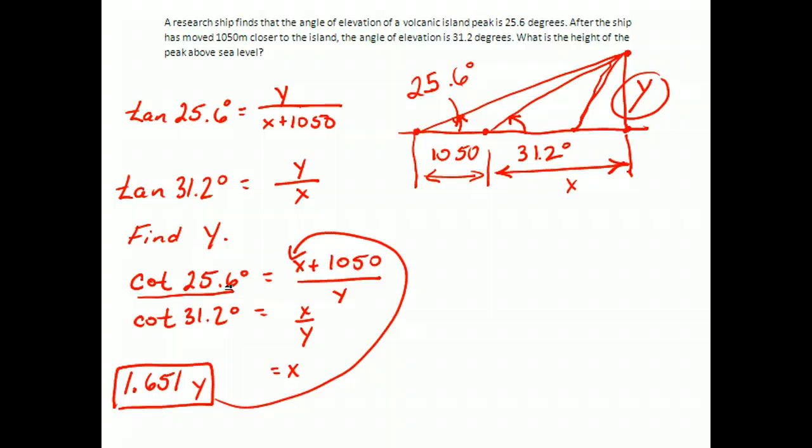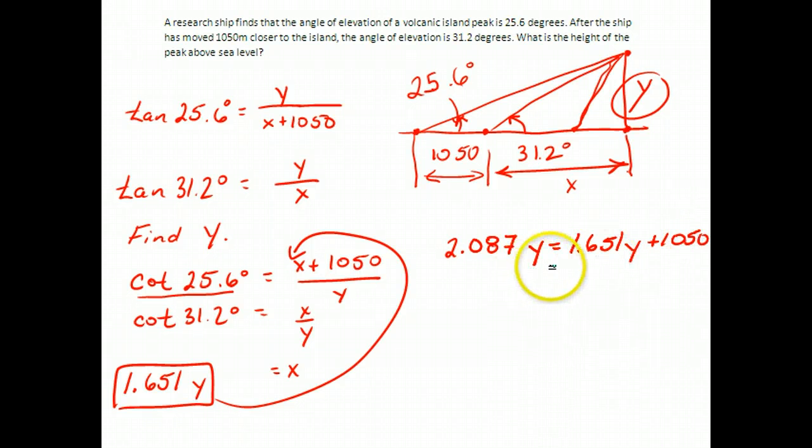So cotangent, 1 divided by tan of 25.6 equals 2.087. So the equation now looks like 2.087y is equal to, and now I'm going to put 1.651y in where the x is, plus my 1050. Okay, and I got a nice equation here.